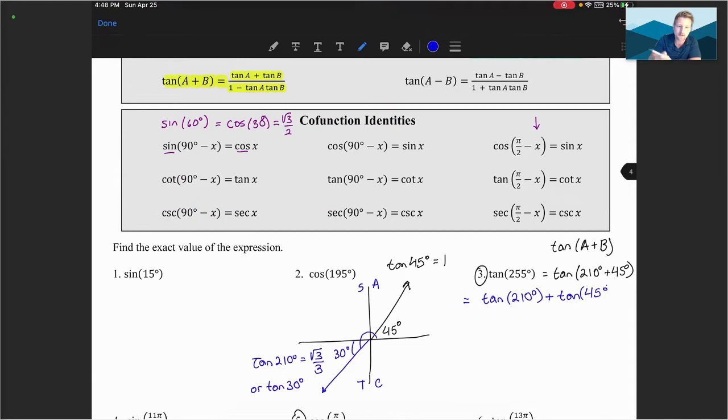And you'll notice that the order here doesn't matter, 210 or 45, as long as we choose one to be A, one to be B throughout the whole problem. We'll divide this by 1 minus the product, tangent of 210 times tangent of 45.